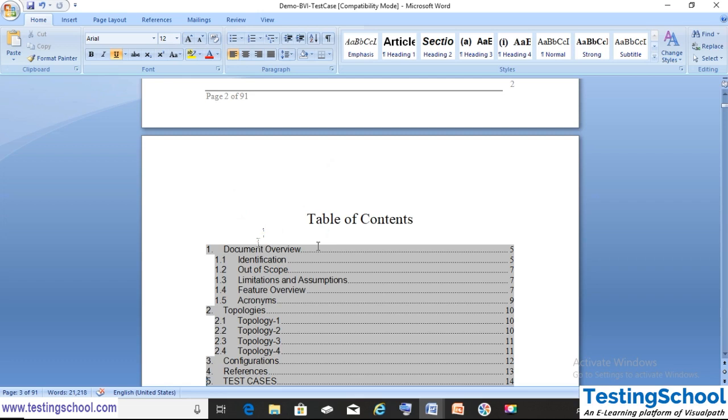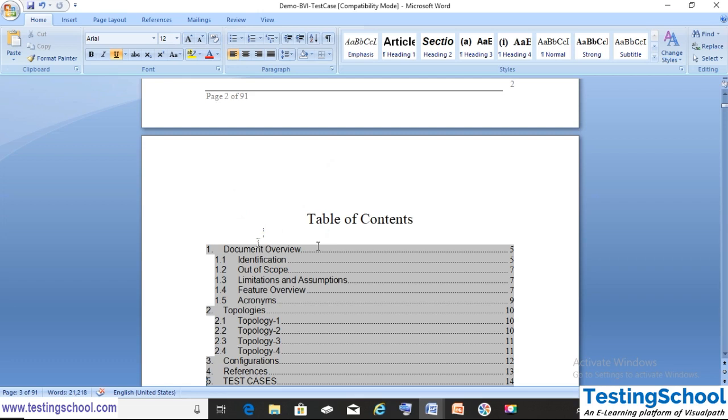Feature overview, just giving a small overview. Okay. These are the short forms they have used. And here you can see SIU system. Okay. This is the DUT in the middle, so device under test. Okay. So it is simple.